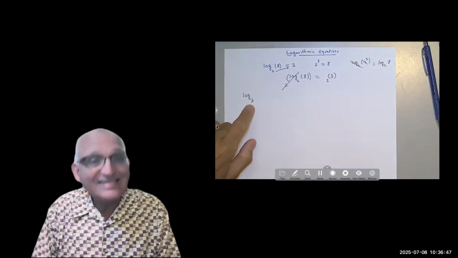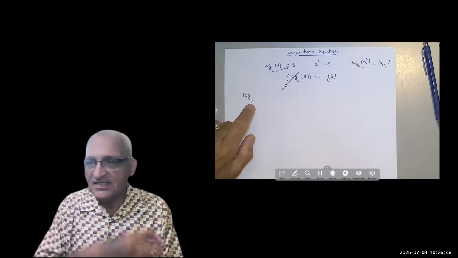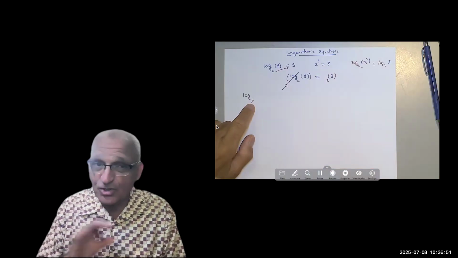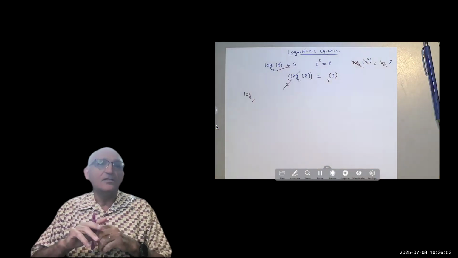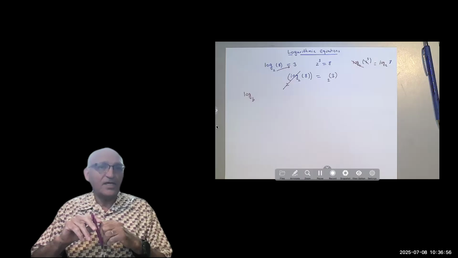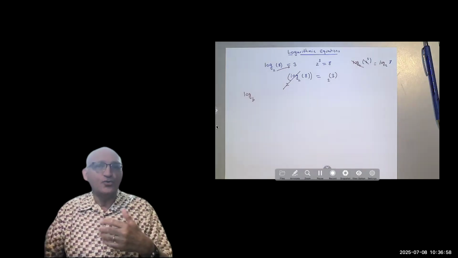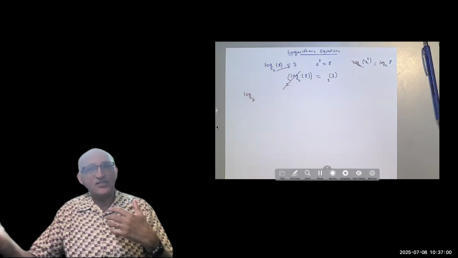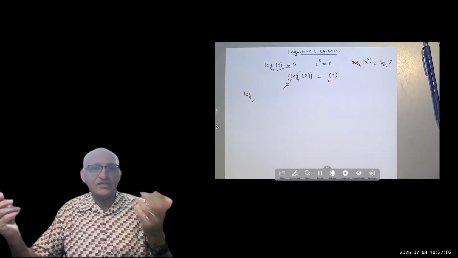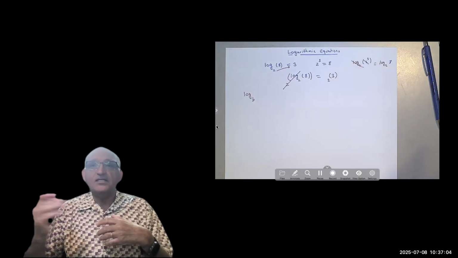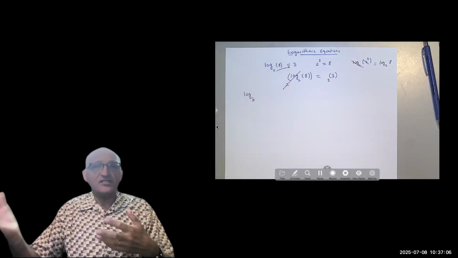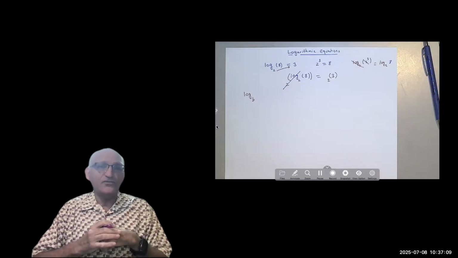If this number is 10, we don't write it. If I say log and I don't write a base, it means base 10. Okay, so log of 100 is 2. Why? Because 10 squared, or 10 to the power of 2, is 100. Log of 1 million is 6 because 10 to the 6th power is 1 million, and so on and so forth.